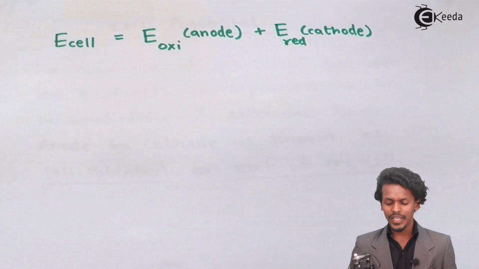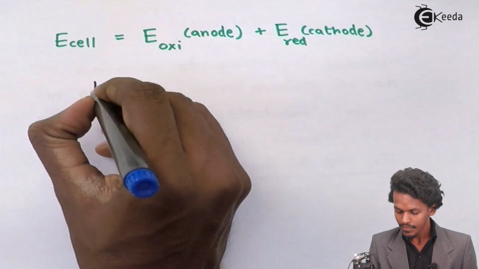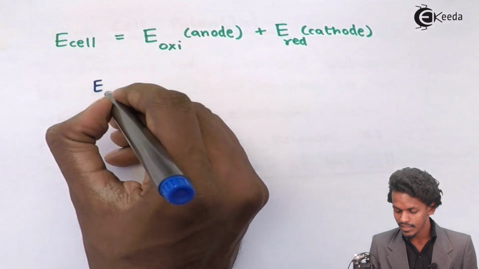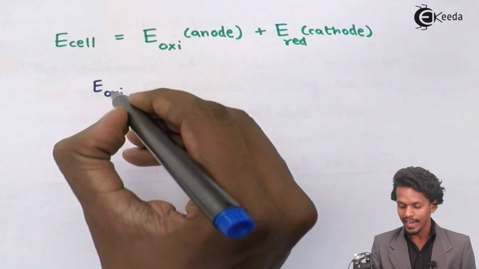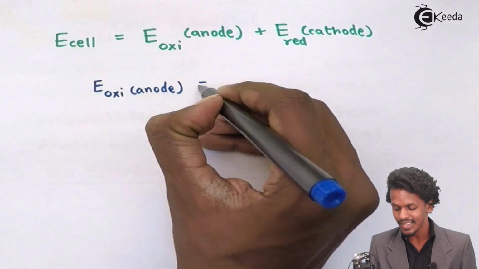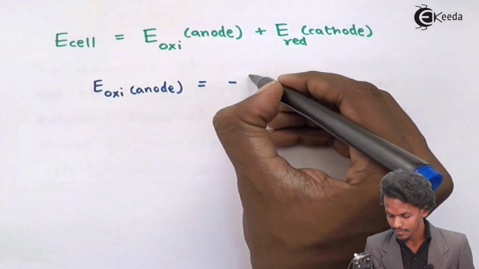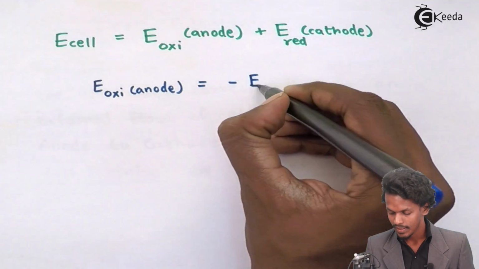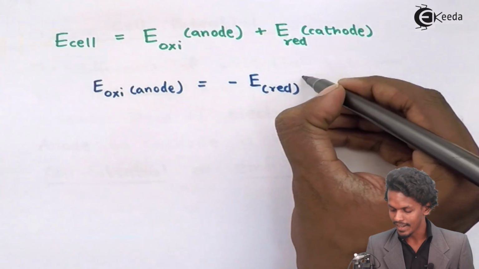We also know that the potential of oxidation at anode will be the reverse, that is minus, of the reduction at anode.